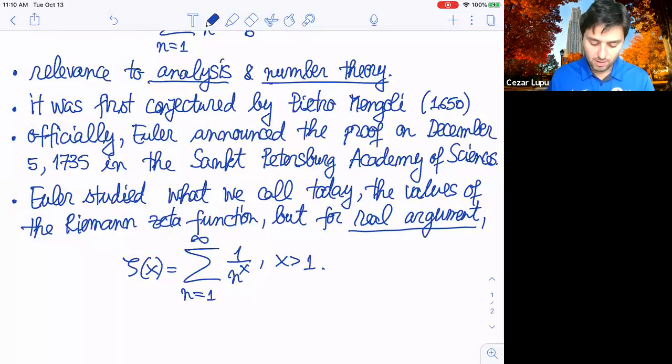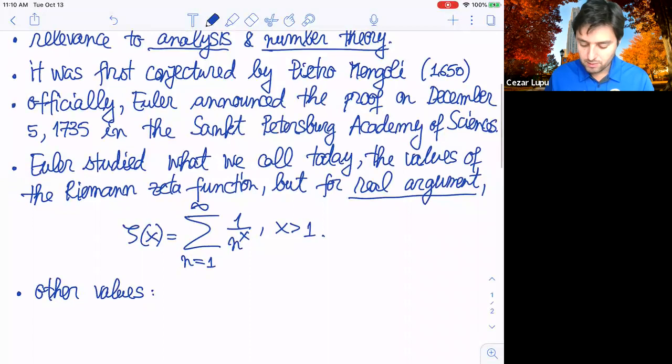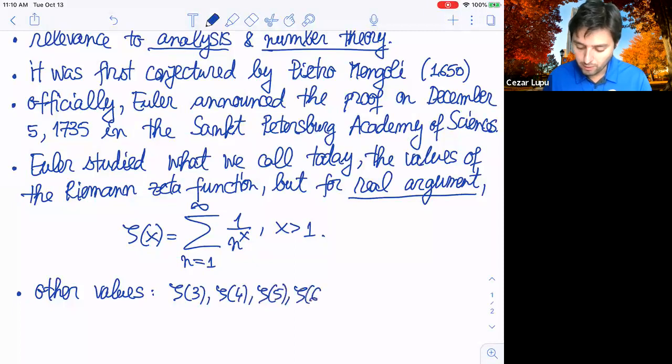So when I say the values, I mean other values such as zeta of 3, zeta of 4, zeta of 5, zeta of 6, and so on. With some of them he had success, with some others he didn't, especially with the odd zeta values. But later on he even found a formula for zeta of 4, zeta of 6, and for all even values of the zeta function.